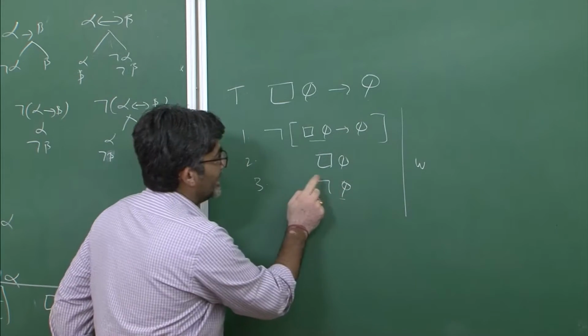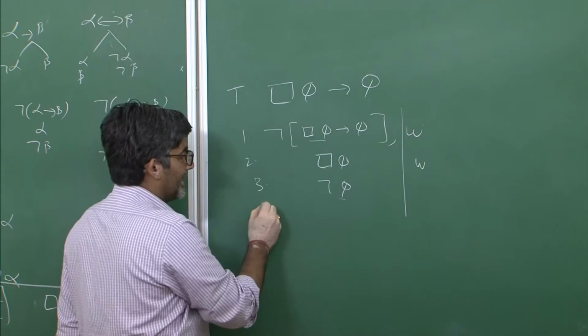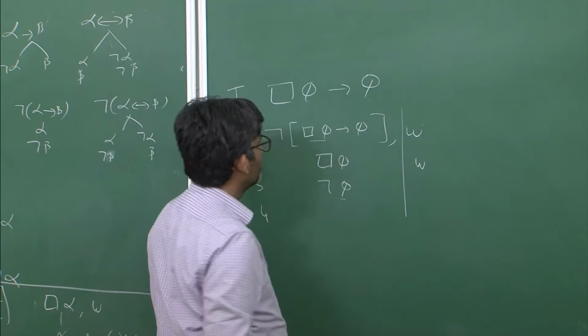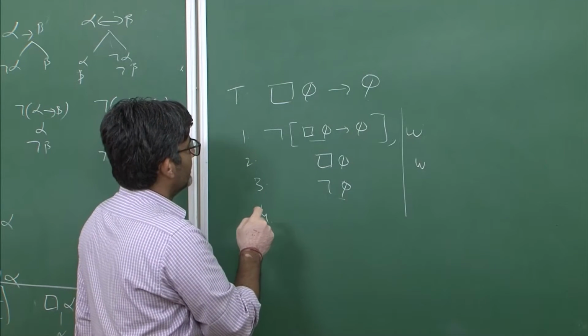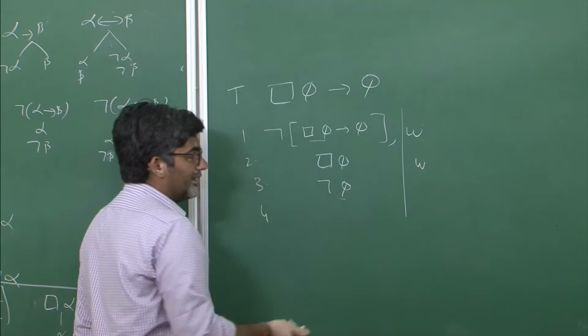So now coming back to this one, this is true in a world W. Now necessity of phi is true in a world W. So now we need to put it like this. Now there is no way in which you can close the branch.